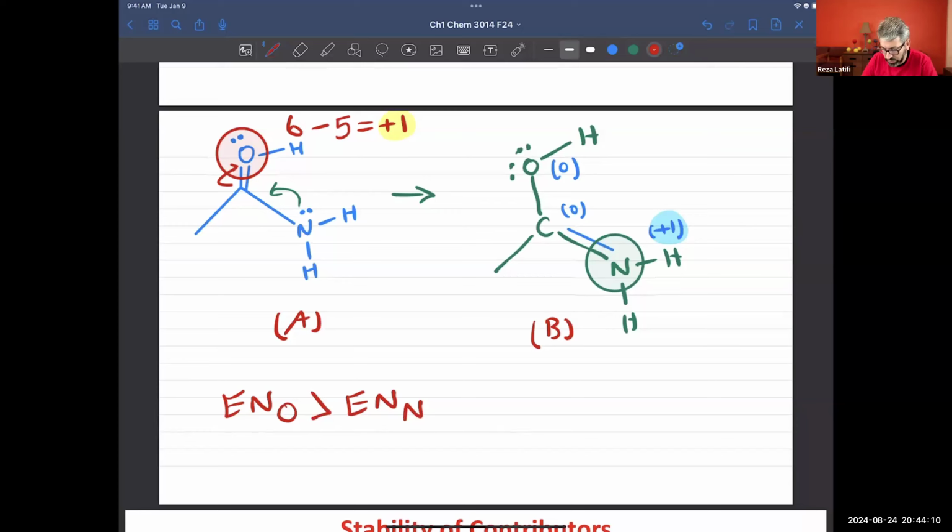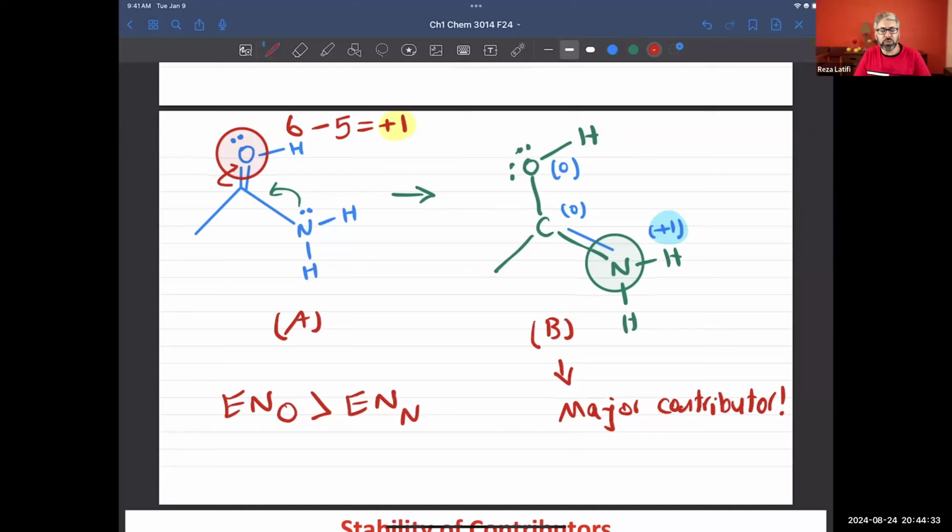So the best Lewis structure in this case is going to be B, the major contributor.